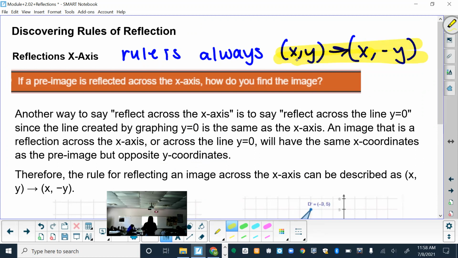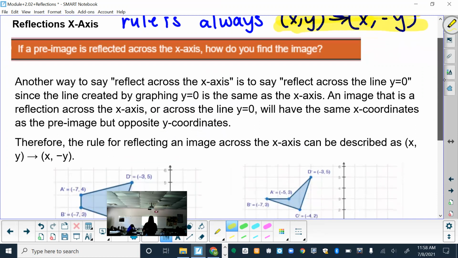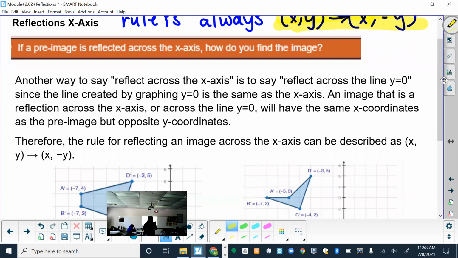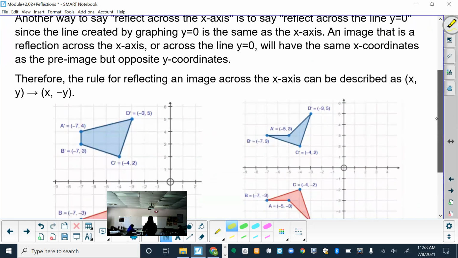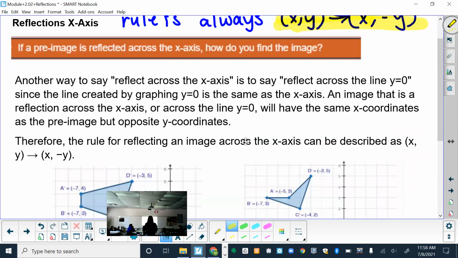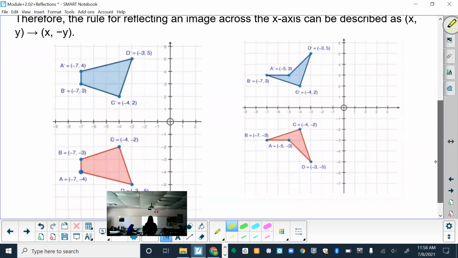So reflected across the x-axis would be your horizontal axis. So here's my horizontal axis that this is being reflected over.